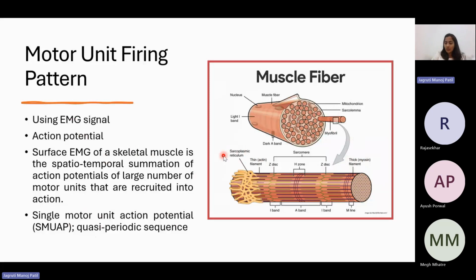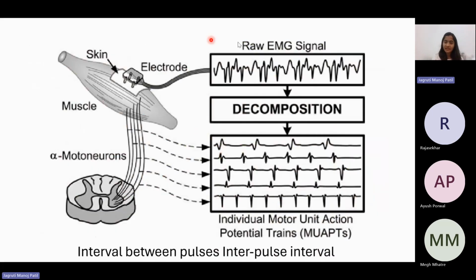So what we do is, this was your muscle through which you were trying to extract the activity, placing your surface electrode over here, so you got some raw EMG signal. Then you try decomposing the signal so that you get the individual motor unit action potentials. But you know that with surface EMG, these values are not that accurate. If you poke a needle inside your muscle to see the muscle of interest, you get activity that is a very precise and accurate measurement.